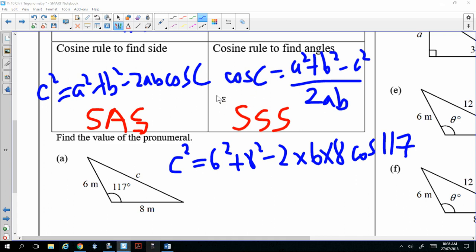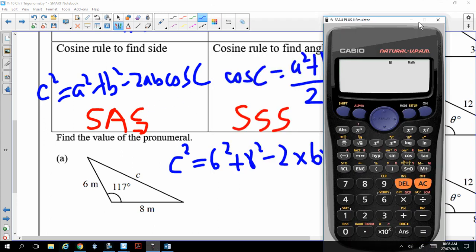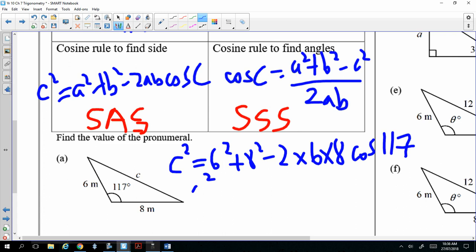So get your calculator out so you can work out some numbers. You need to really buy one, bring one to school each lesson. So you go 6 squared plus 8 squared minus 2 times 8 times 6 times cos 117, equals 143, and then you just square root the answer.